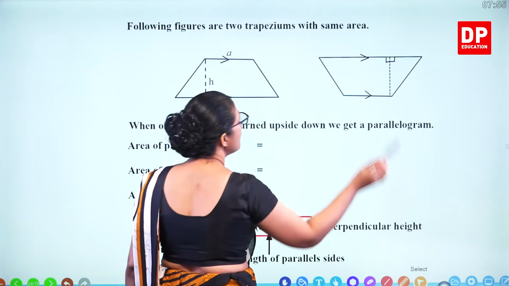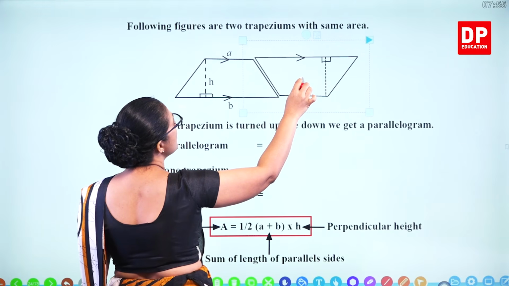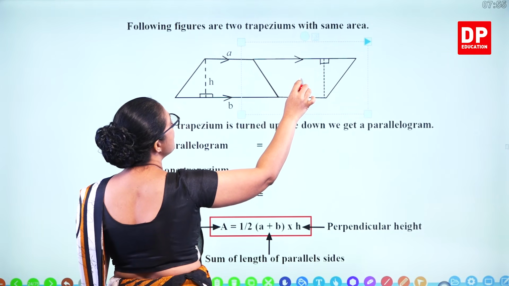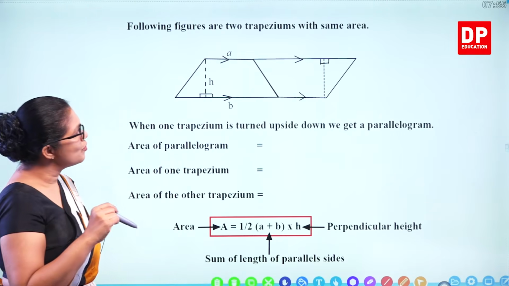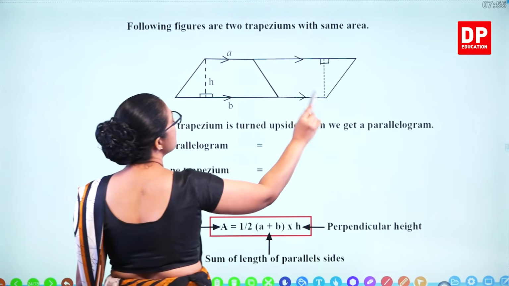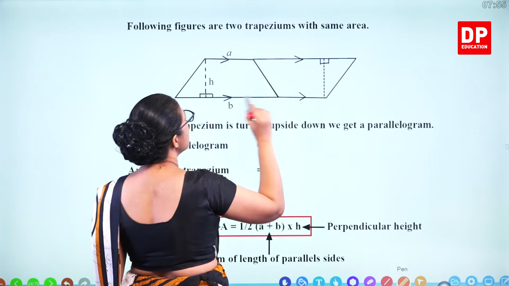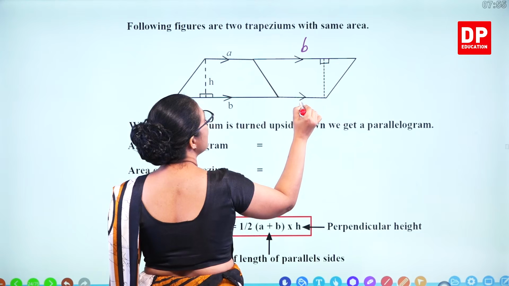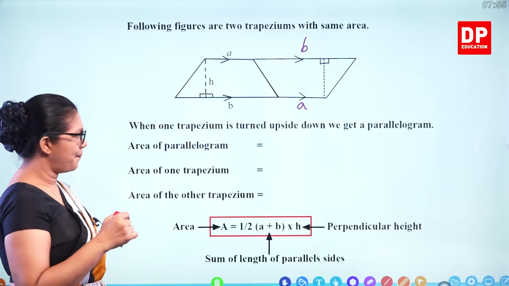So we'll do that. When you connect the two trapeziums, what do you get? You get a parallelogram. This length is parallel to this one. So here I can write this length is B and this length is A. And the perpendicular height is the same.